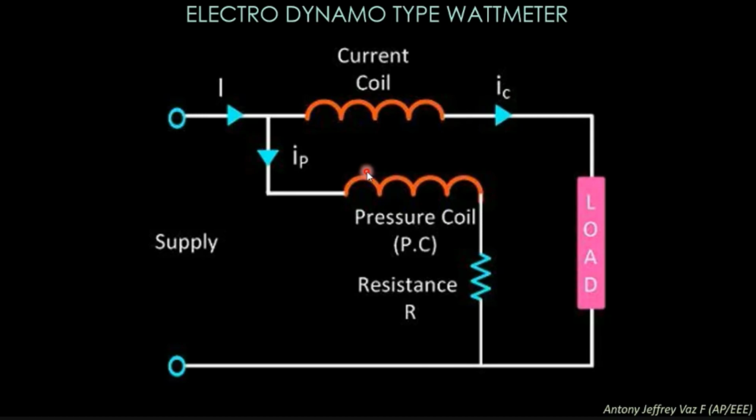Wattmeters are basically used to measure the amount of power delivered into the load, or the power consumed by the load. If you are connecting a fan to the AC supply, the fan will consume some power.